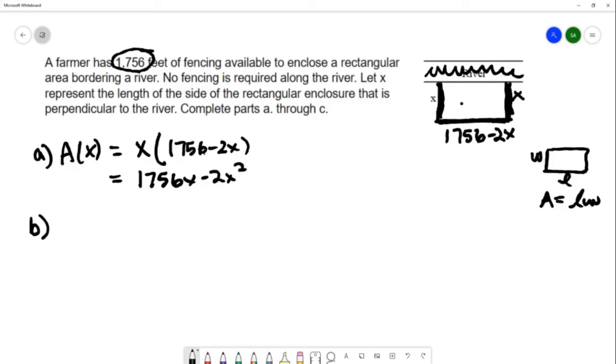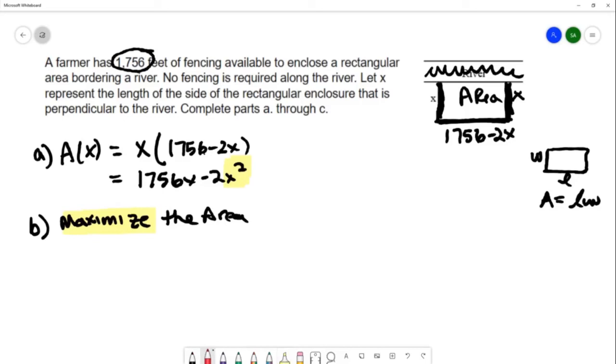In part B, what we want to do is maximize the area. We want to find the dimensions that will maximize the area of our rectangle. We want to have the largest area inside of this rectangular enclosure. Now we have a quadratic function and we want to find the maximum area.